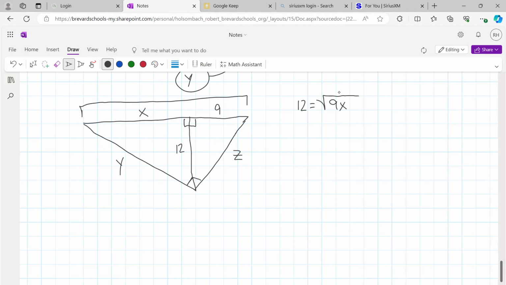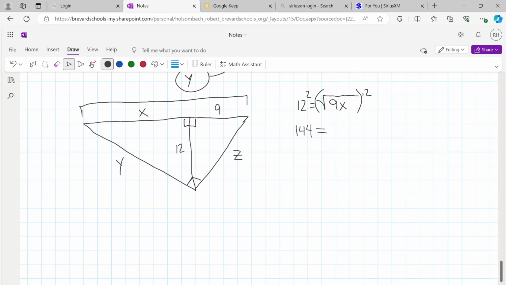Now, in order to eliminate the radical, you square both sides of the equation. Okay? So we take this, I put it in parentheses, and I square it, and then I take the 12 and I square it. So 12 squared is 144 equals the square root of 9x squared.